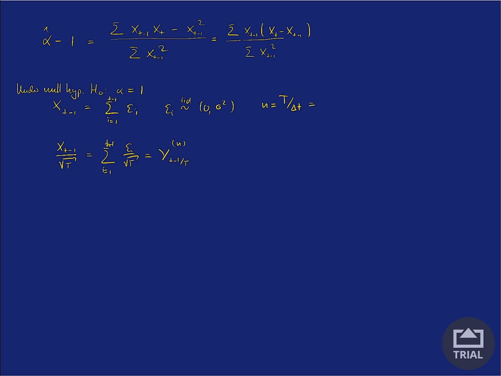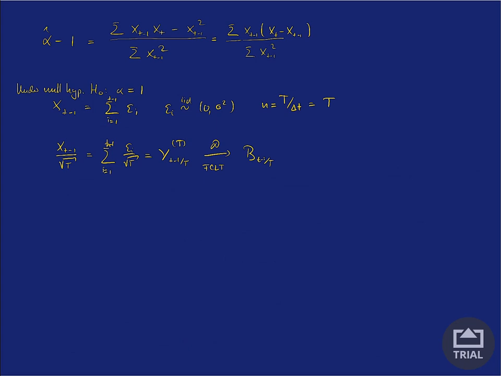Okay, delta t is 1, so that is t. So actually you can simply put t here. So this converges by the functional central limit theorem in distribution to a Brownian motion. So that's the first part.